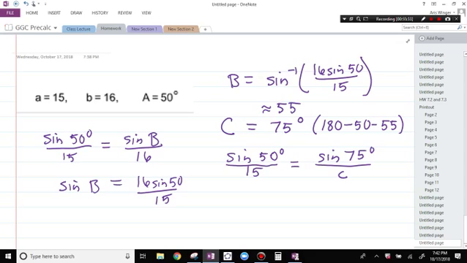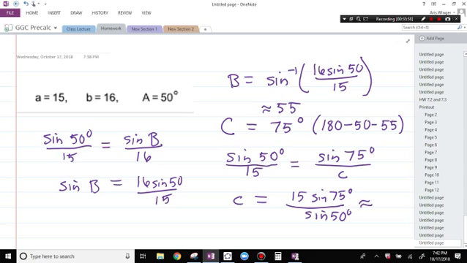Can we put 12 under that sine 50? No, the height has nothing to do with that. Cross multiply: c is equal to 15 sine of 75 all over the sine of 50. What's that number? Say it again?